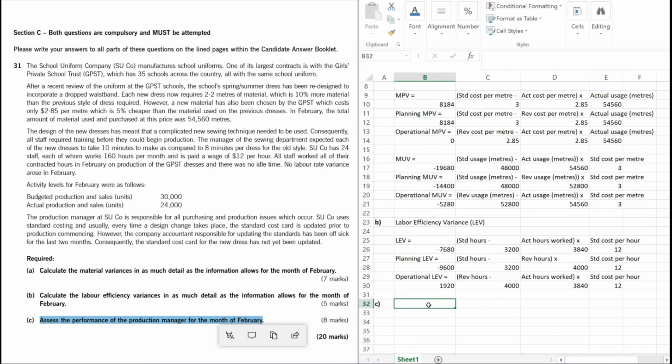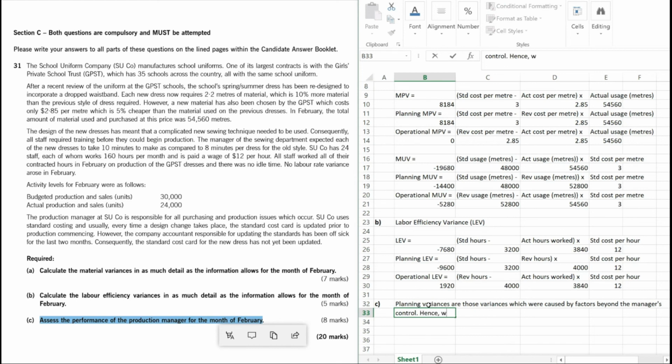Now, whenever there's analysis for a planning or operational style variance question, there are some standard sentences that you should always write, which will always get you some marks. What are those sentences? First, we'll write that planning variances are those variances which were caused by factors beyond the manager's control.